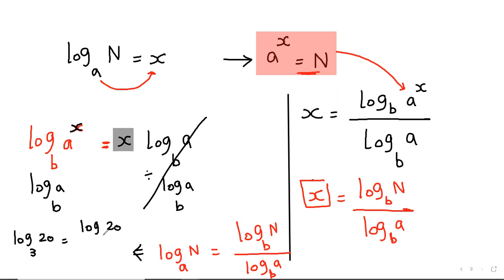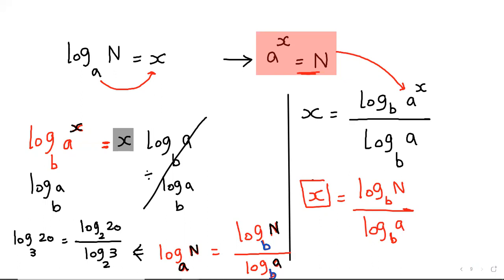We can take any base, like the base 2, over log 3 in the base 2, like this rule here. We have here log n in the base a. We wrote it as log n in the base b, any base, over log a in the base b. So b is any base.